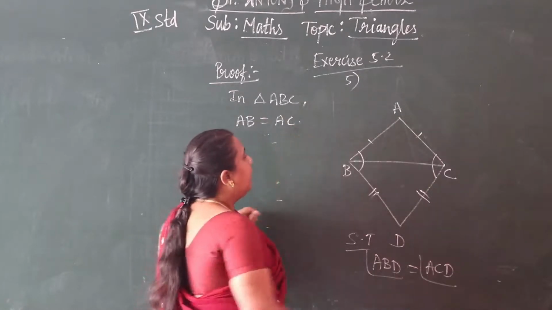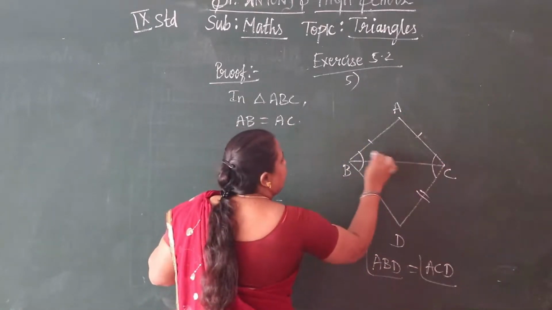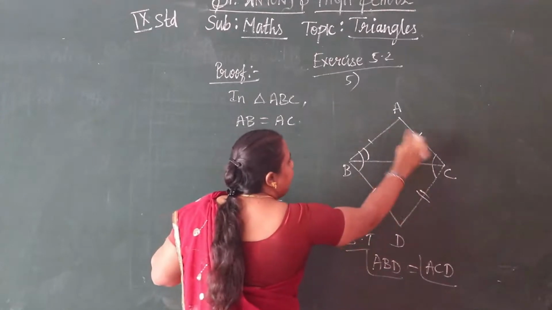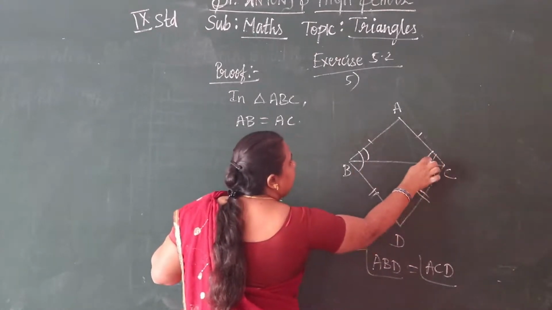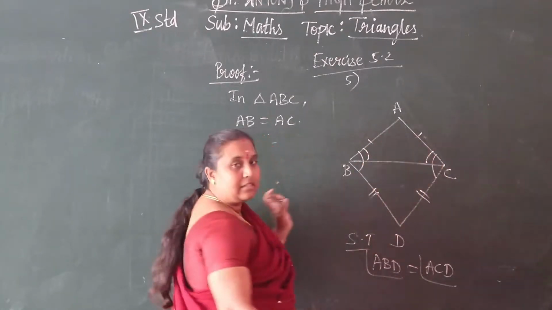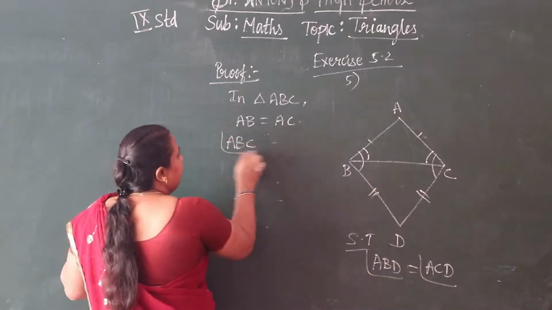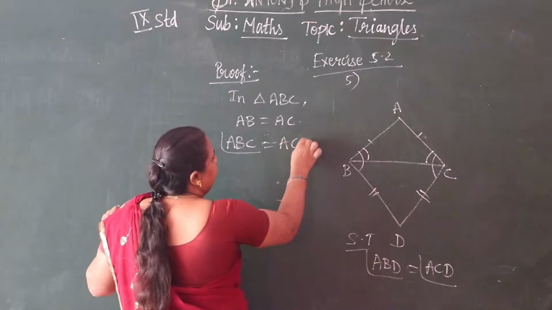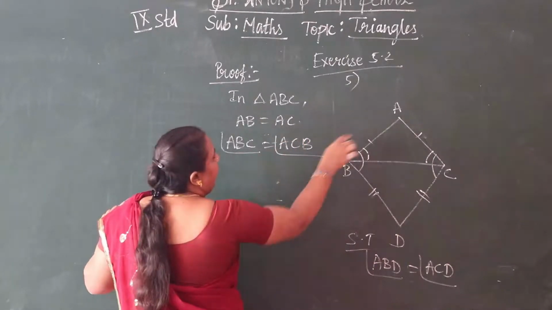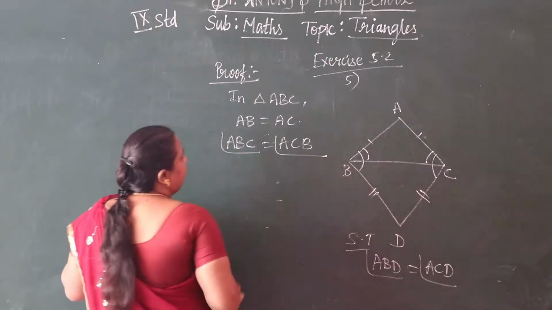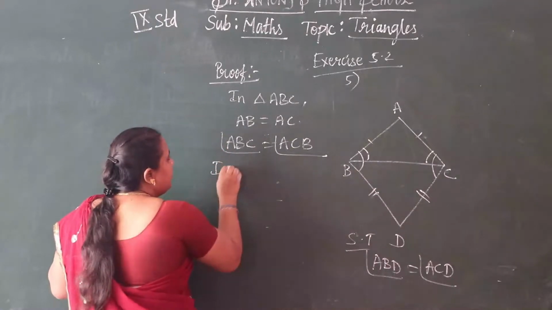What are the angles here? Angle ABC and angle ACB are opposite to equal sides. So angle ABC equals angle ACB.